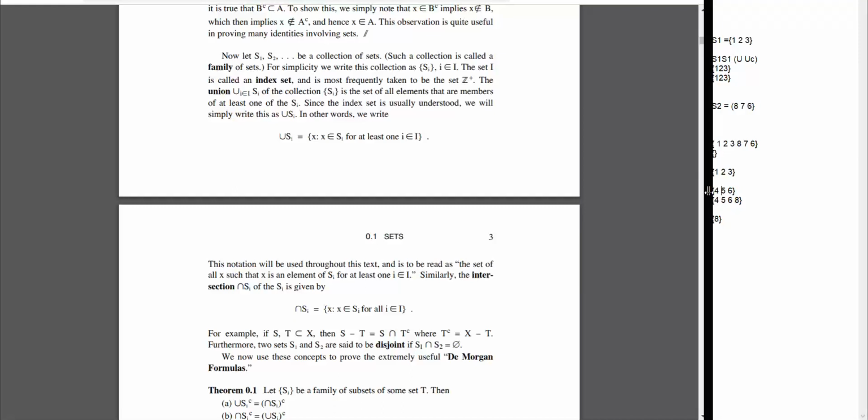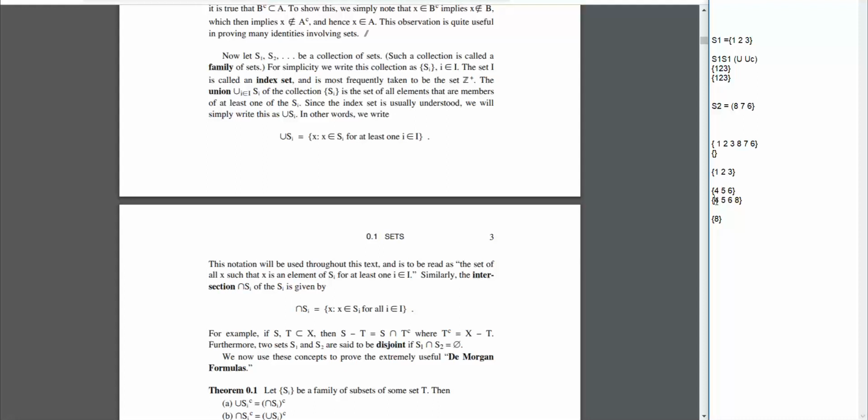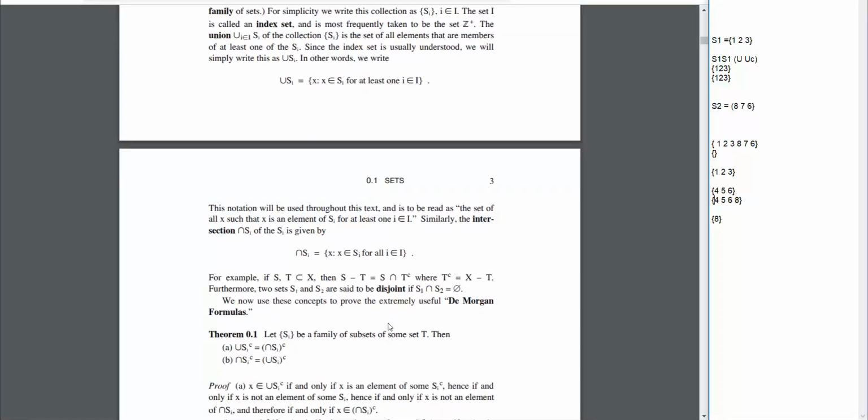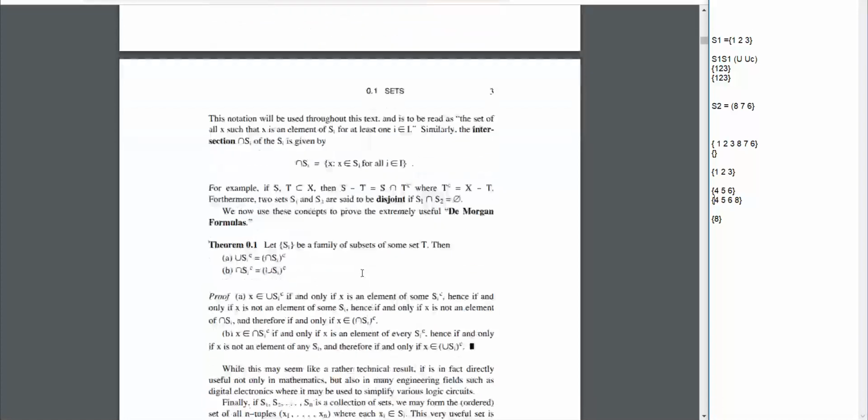But if you have an intersection between S2 and S3, 4, 5, 6 and 4, 5, 6, 8, the intersection has to be the elements that exist in all of the sets, where i belongs to the positive integers. Got it. So this is basically just giving us the definition of the union and intersection, and I think it would have been a lot easier if they opted for another approach that we've seen in math. Maths is fun, Venn diagram. So I think this is what all this is saying.